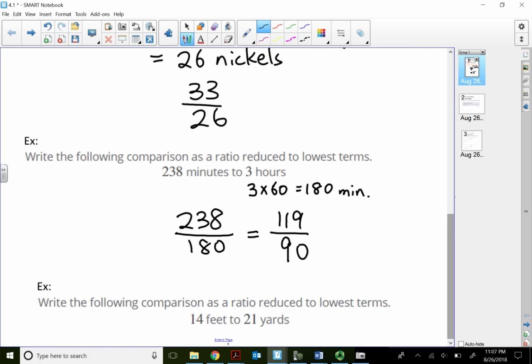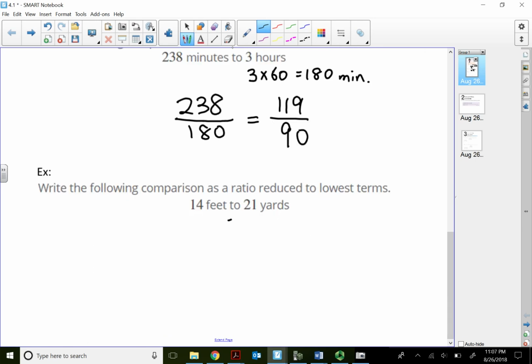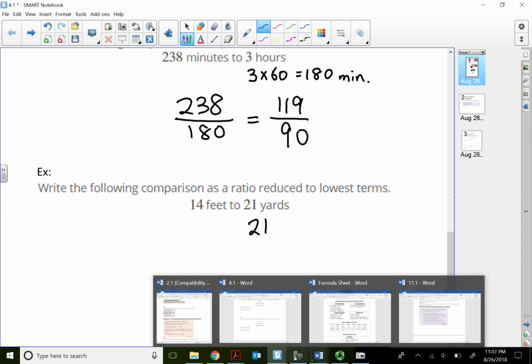All right, let's do feet and yards. A yard is bigger than a foot, so we will convert yards into feet. Make sure they have the same units before I write out the ratio as a fraction.